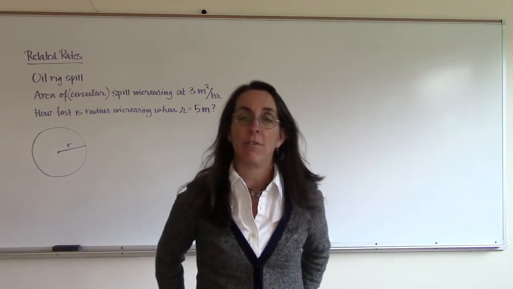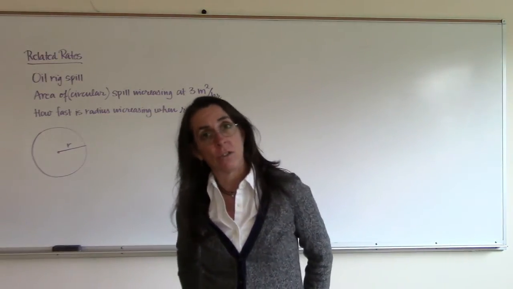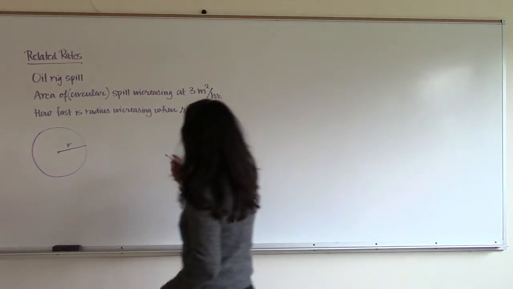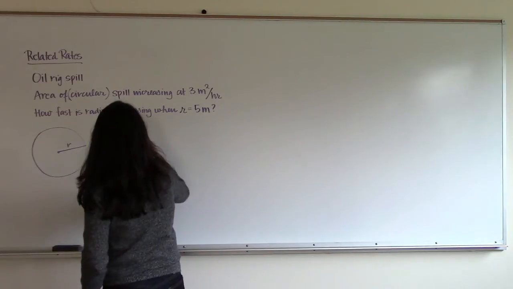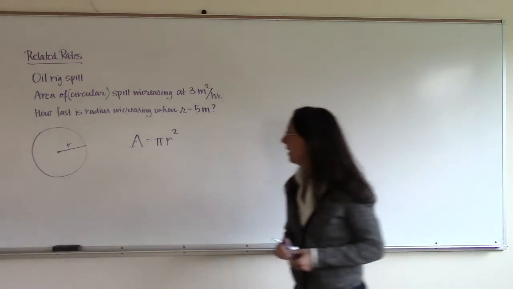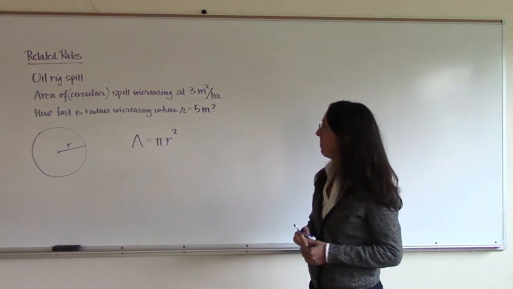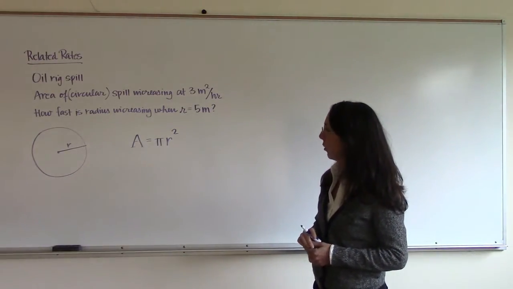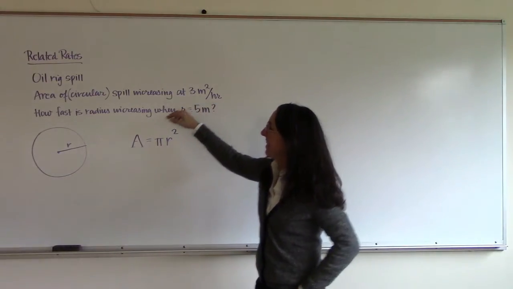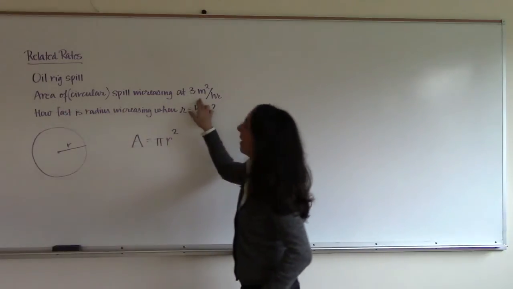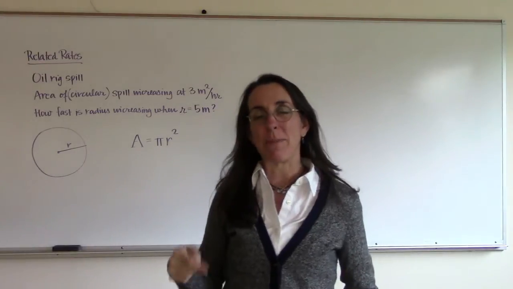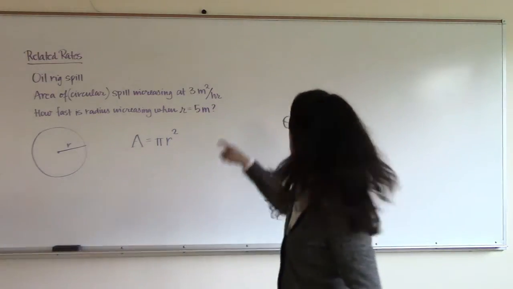So here I need a formula that relates the area of a circle to its radius, and I remember that one. The area is equal to pi r squared. And so, what is this? This is the rate at which the area is increasing with respect to time, right?